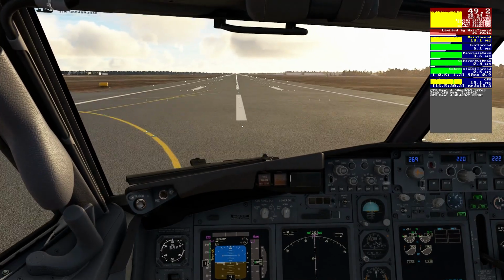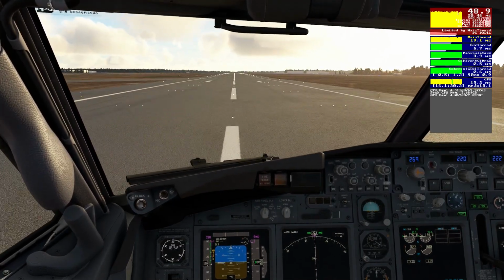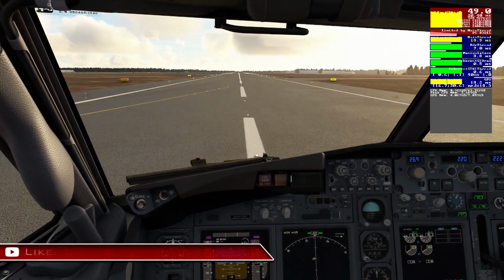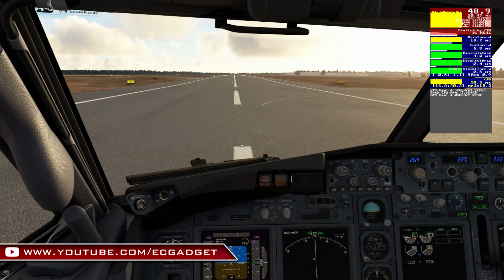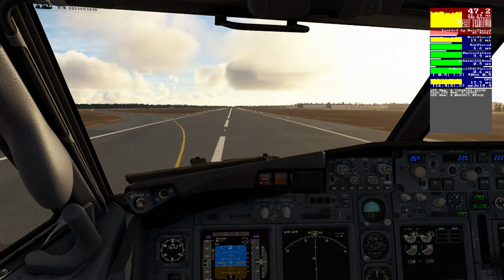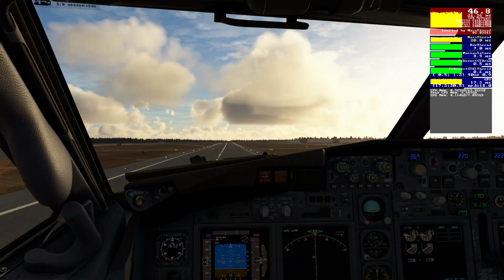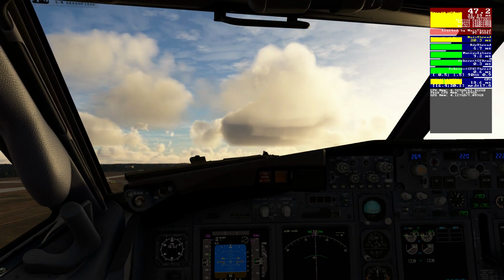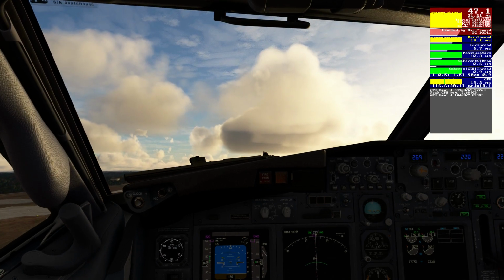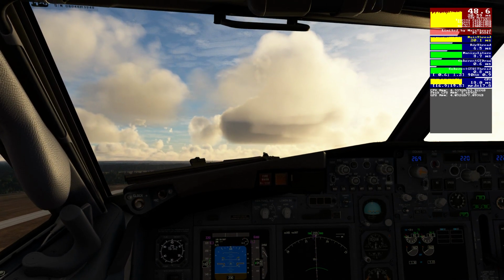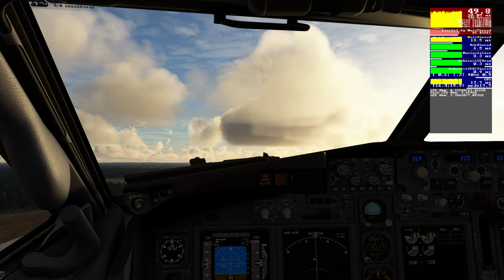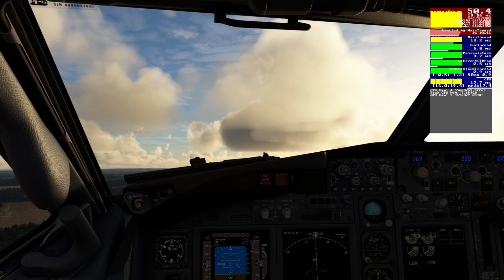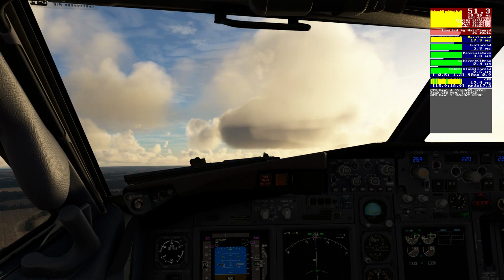But as you can see, that is limited by main thread. That's my CPU limiting it, and my CPU is working really hard at the moment, which is quite annoying. I'm now just going to rotate. Positive rate of climb, and let's bring it up to 15 degrees. There we go. Gear can go up. Bring that power back slightly.